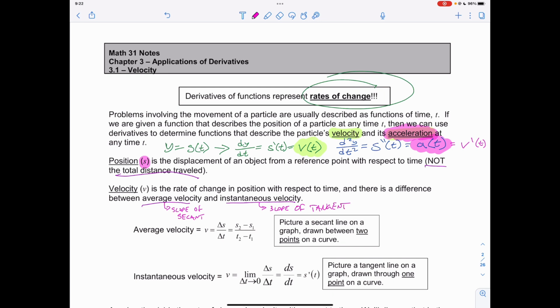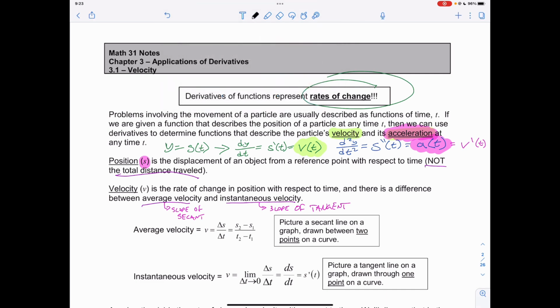So when we look at average velocity, we're looking at two different positions over two different times, and then we're just dividing it using our slope formula. So like it says, picture a secant line on a graph drawn between 2 points on a curve.